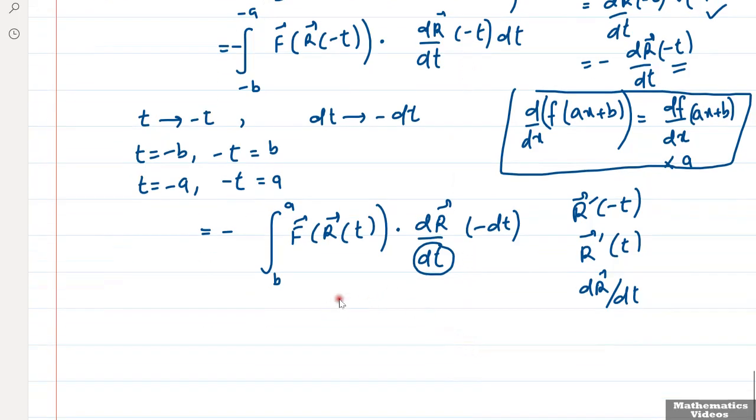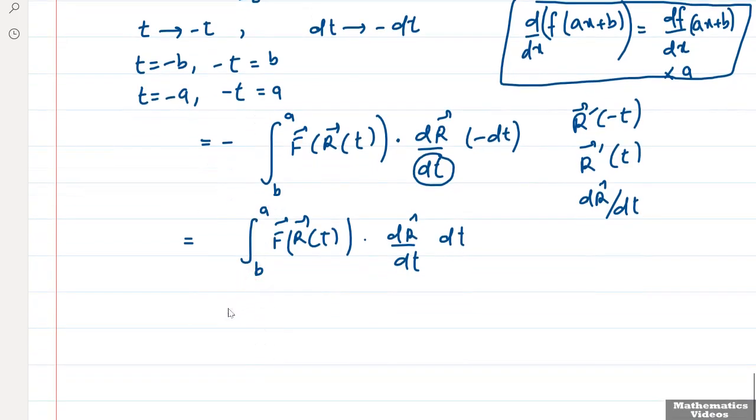Now we will move forward. Take this minus outside. We get minus times minus, which is plus, integral from b to a of f of r of t times dr by dt times dt. Reverse the limits of integration.